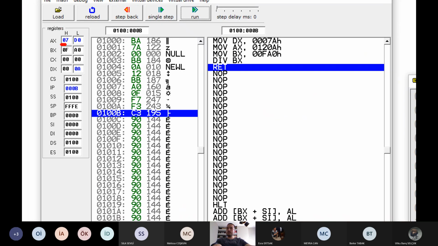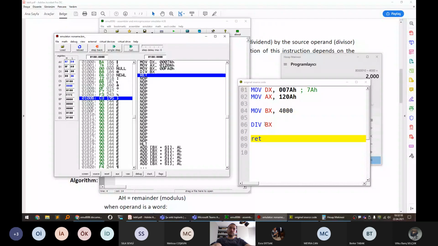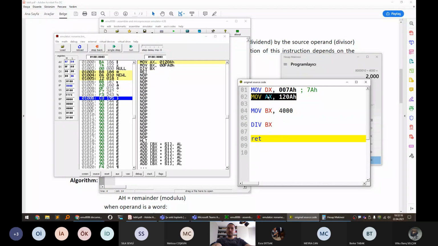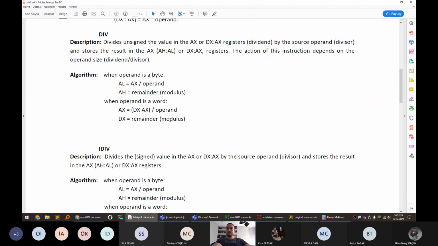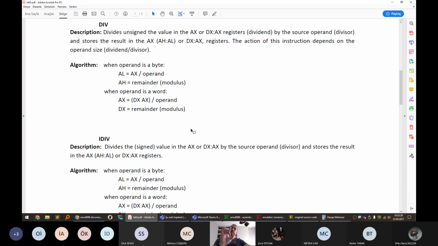The result is 7d0, result is not changed, but the remainder is A. Okay? If you use a word operand in this division, it takes DX-AX combination and divides it with BX. The result will be in AX, the remainder will be in DX. These parts explain this. Okay?